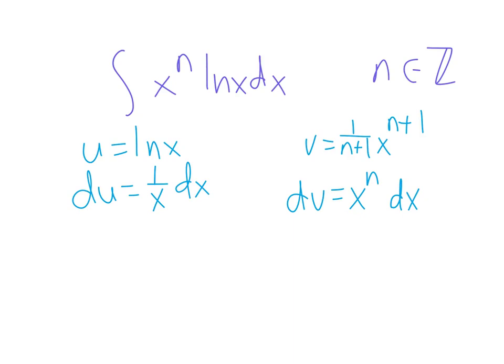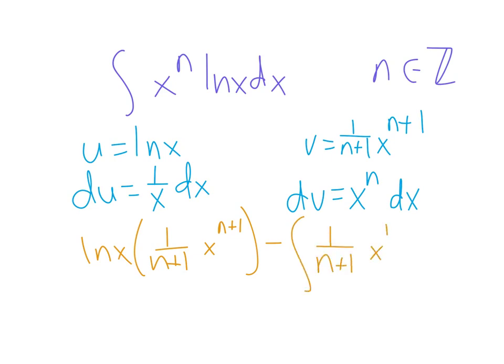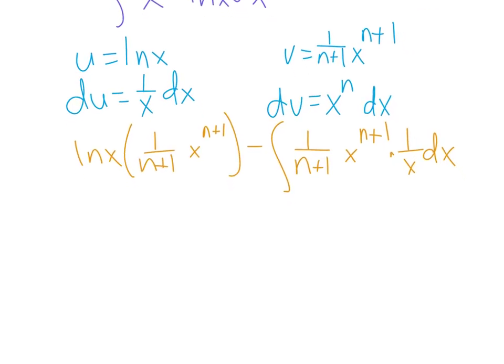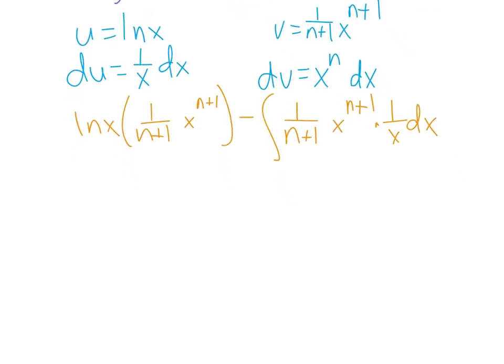So then we have uv, so that's going to be natural log of x, 1 over n plus 1, x to the n plus 1, minus the integral of v, 1 over n plus 1, x to the n plus 1, du, times 1 over x dx. That second piece looks scary, but let's take a look at it.